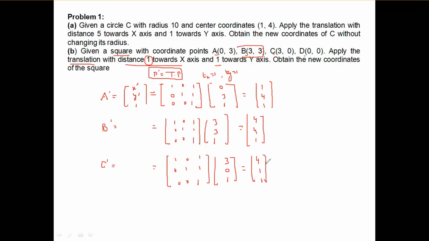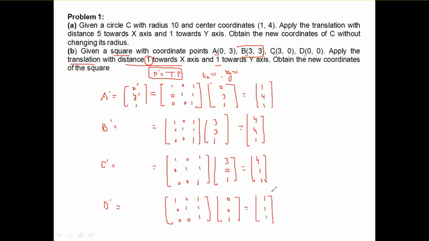Then after that I'm going to calculate D dash. That will again be the translation matrix. Now D is 0 0 1, and the new point will be 1 1 1.